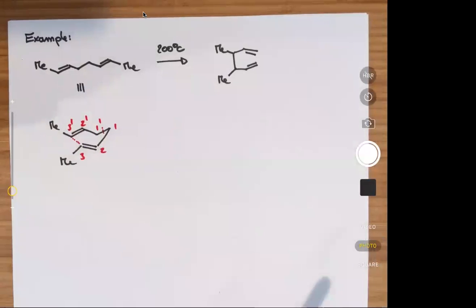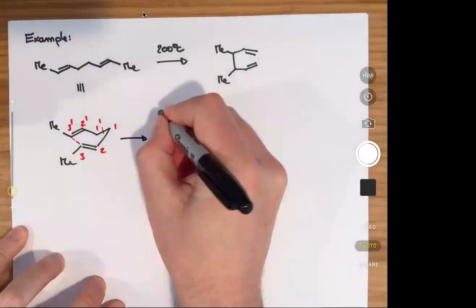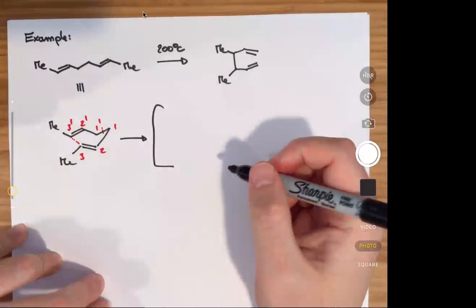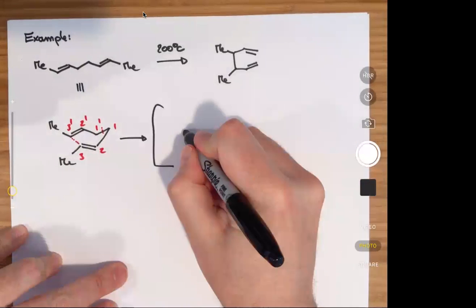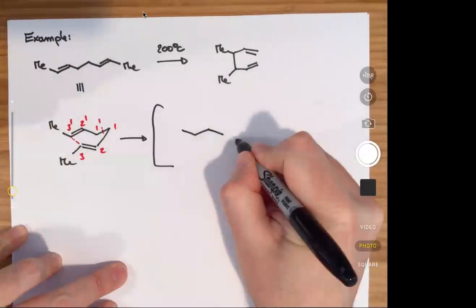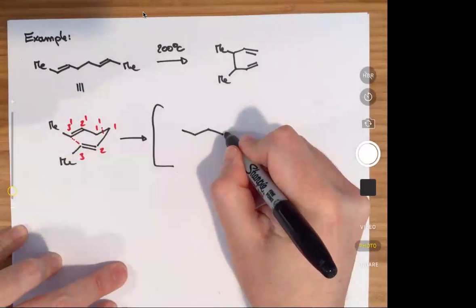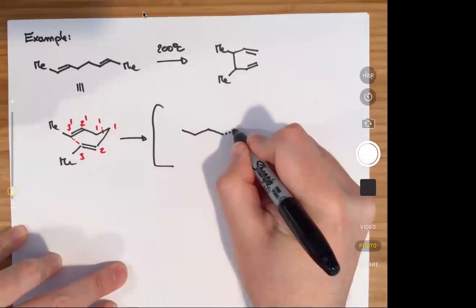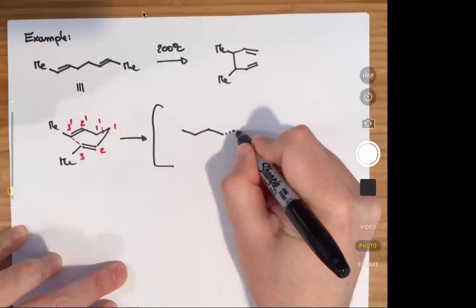Now, if this comes together in a six-membered ring transition state, we can draw this out. Let's say, and then let's do this as a dotted line, because this is kind of broken already at this stage.